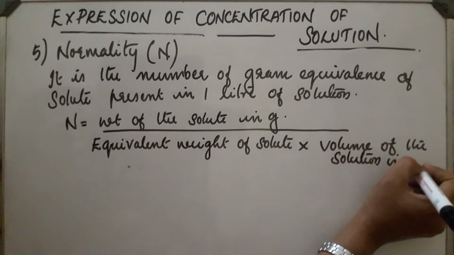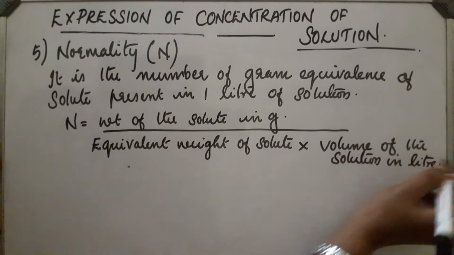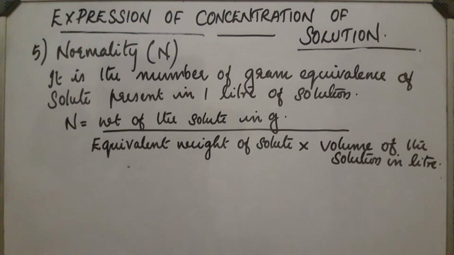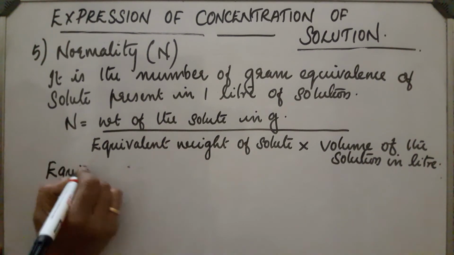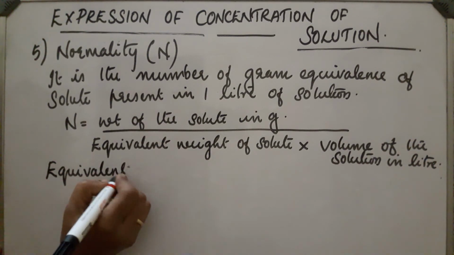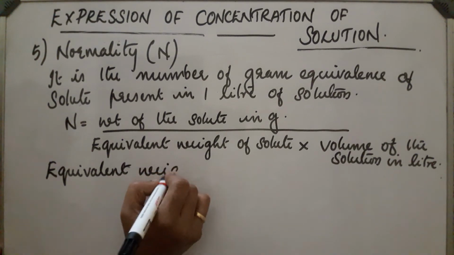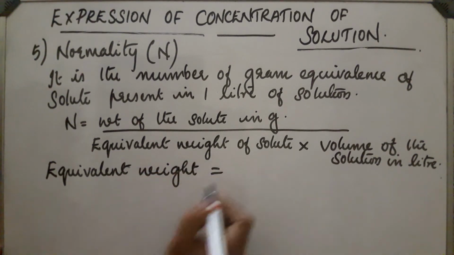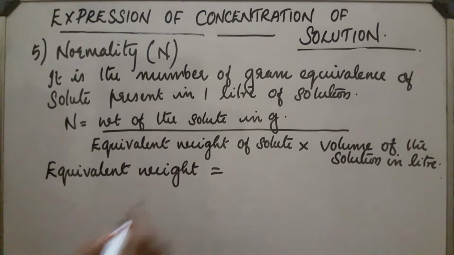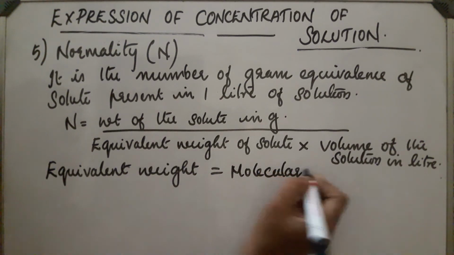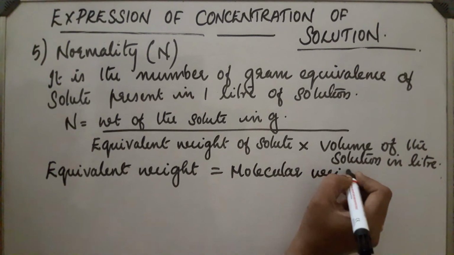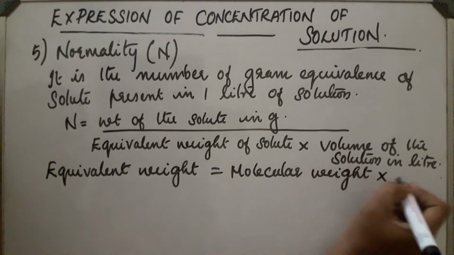Now, what is the difference between equivalent weight and molar mass? Equivalent weight is equal to the molecular weight or atomic weight divided by its valency.